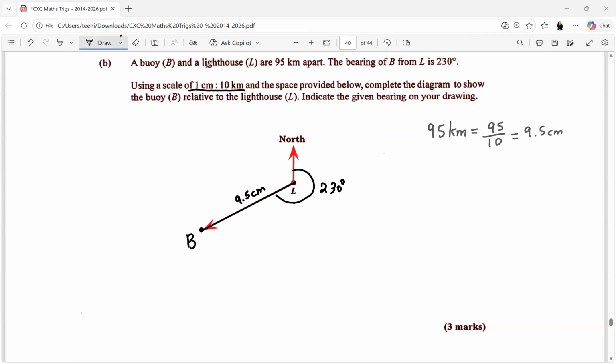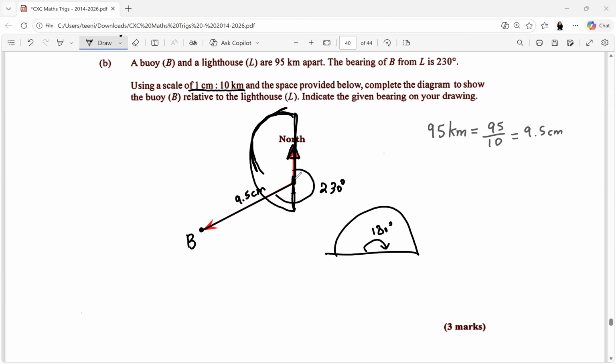Now, when you're using your protractor, the maximum on a protractor is 180 degrees. So what I like to do is line up your 0 with the north line here. So line up your protractor over here.